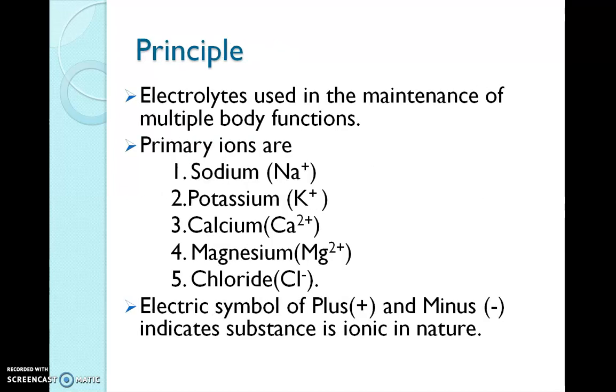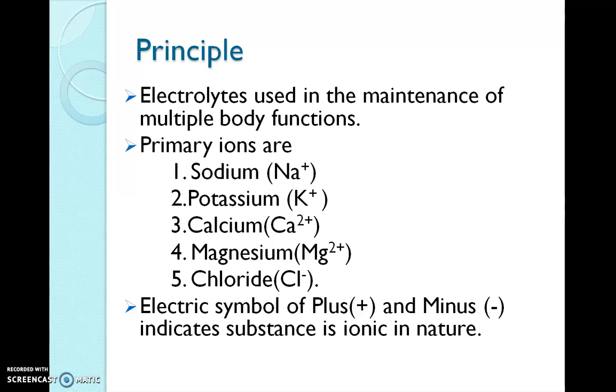Next we discuss the principles of the electrolyte analyzer. Electrolytes are used in the maintenance of multiple body functions. The primary ions present in our blood are sodium, potassium, calcium, magnesium, chloride, hydrogen phosphate and hydrogen carbonate.